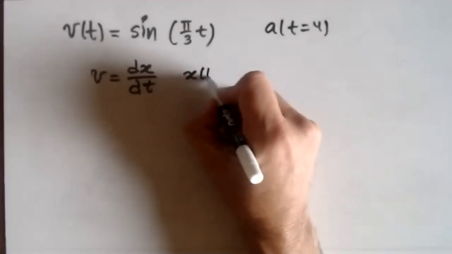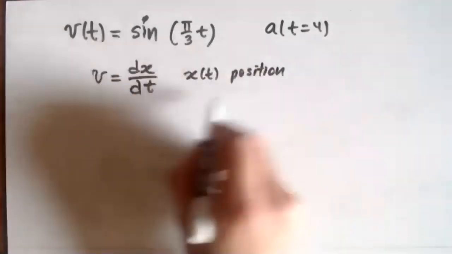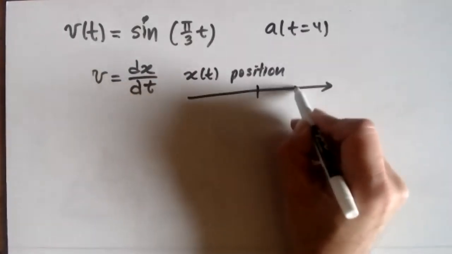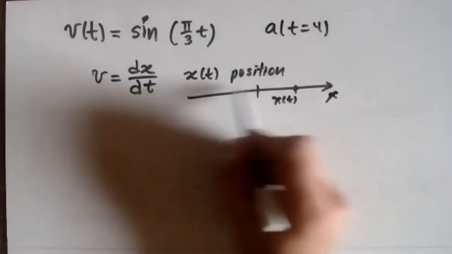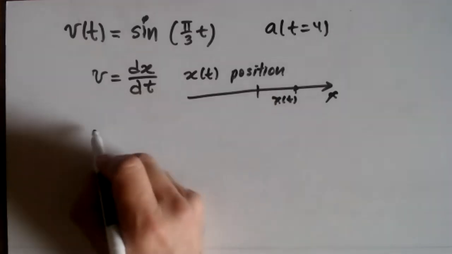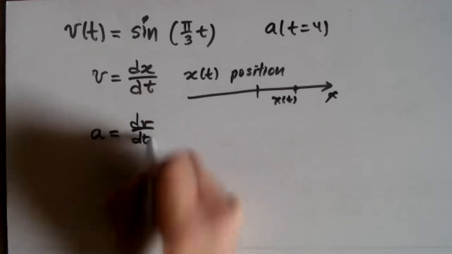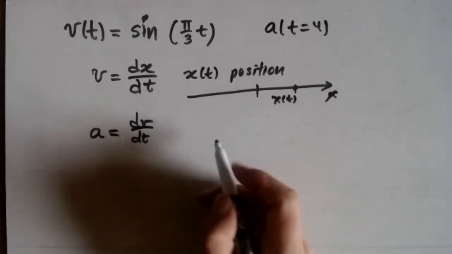X is a function of t, position, correct? If it's in the x-axis, x of t is this value, correct? This is the x-axis. x of t, the particle is moving back and forth. What is the definition of the acceleration? Acceleration is derivative of the velocity respect the time. Correct? Now, something important.